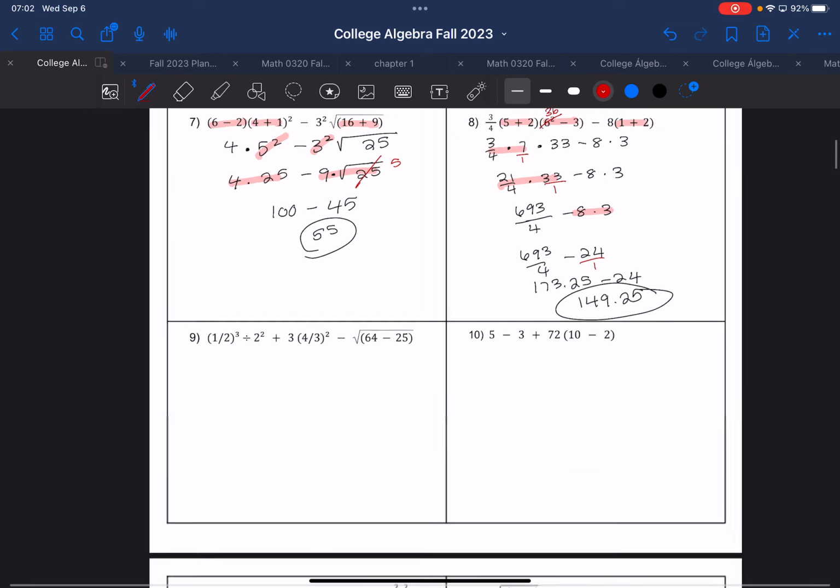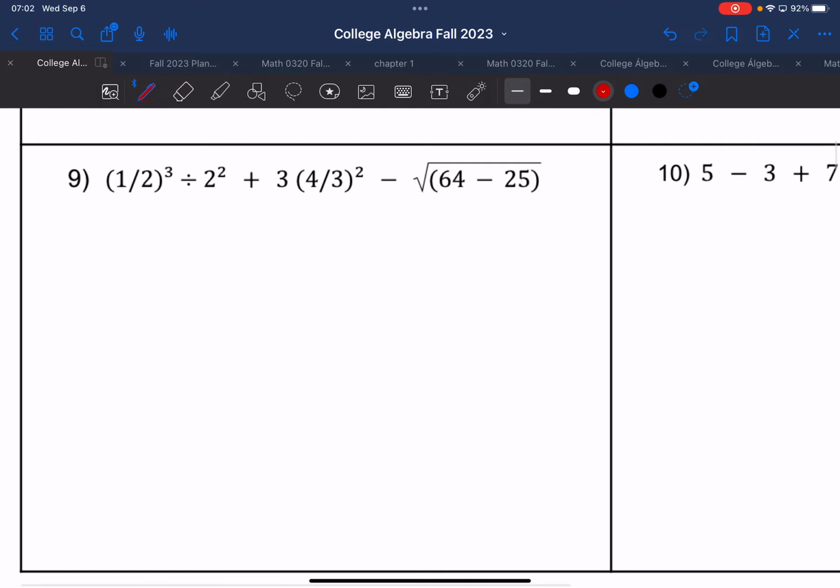Okay, go ahead and take a moment and start working on 9. Your answer for 9 is going to be a decimal. Okay, so start writing it out step by step.